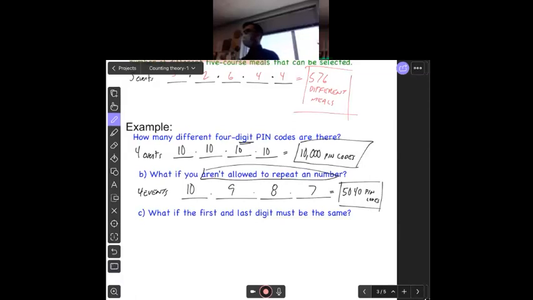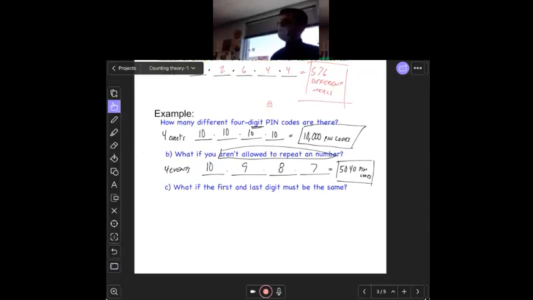It doesn't say that, so we could look at doing both. It's just something that can happen sometimes, when they don't say something, you're not sure if it's implied or not. It just says the first and last digit must be the same. It doesn't say anything about anything else. So maybe that means we are allowed to repeat numbers. Like the second number could be the same as the first number.